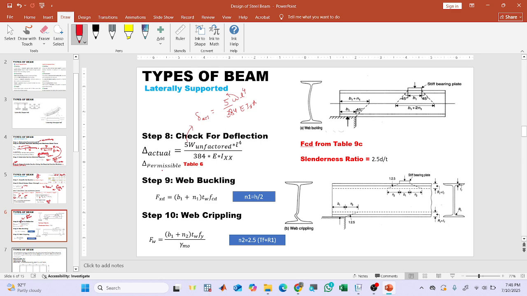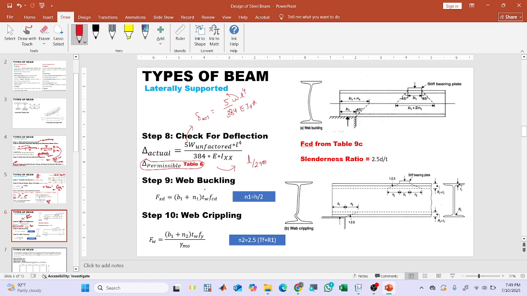The permissible deflection will be taken from table 6. From table 6, you can take it as L by 240 if the support is resting on brittle masonry.